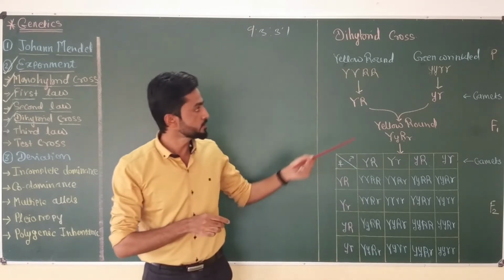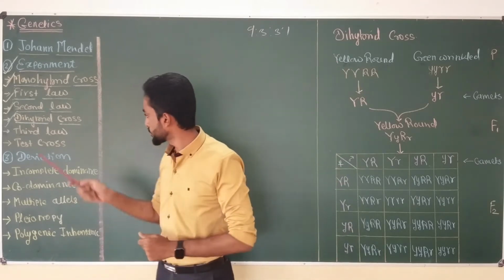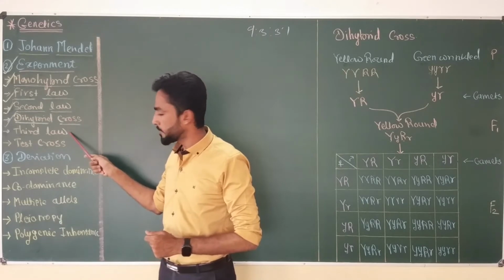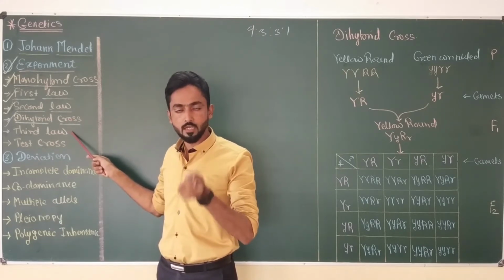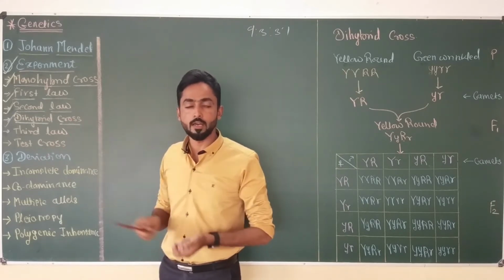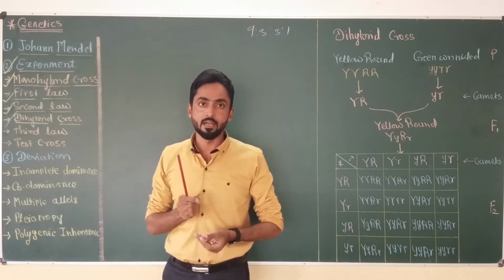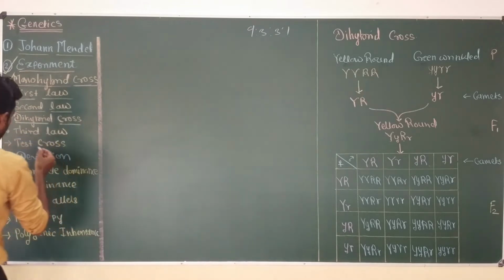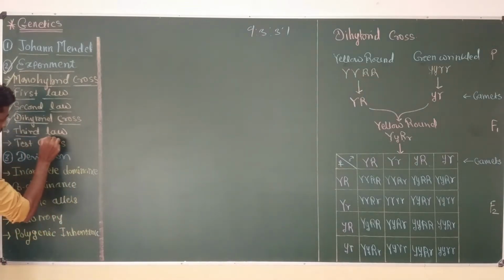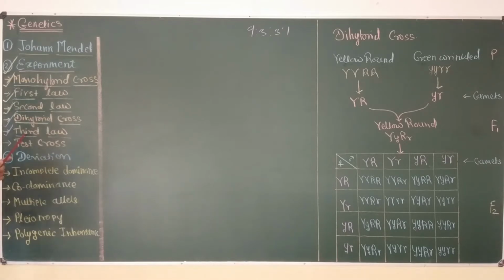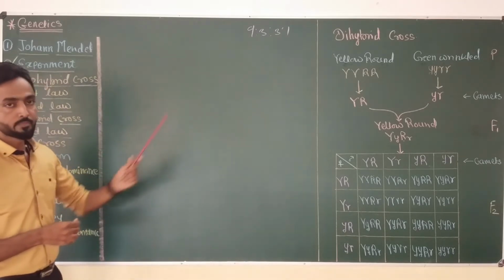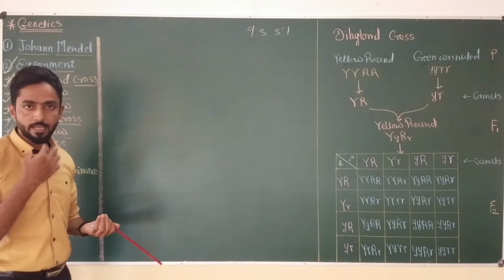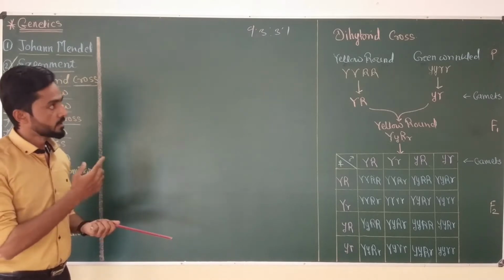Now, on the basis of the results of dihybrid cross, Mendel proposed another law, which is the last one, the third law of inheritance, also called the law of independent assortment. So in this video, I am going to talk about this third law of inheritance. This law totally depends upon the findings of dihybrid cross, so I am taking this law after the dihybrid cross.